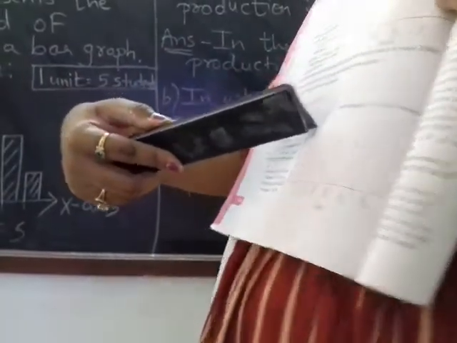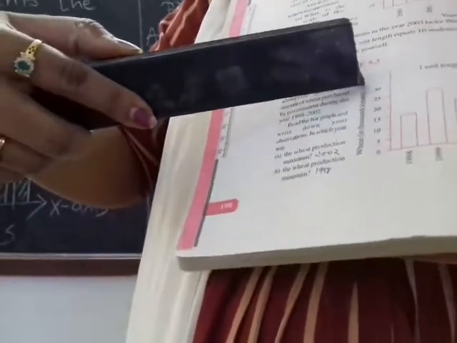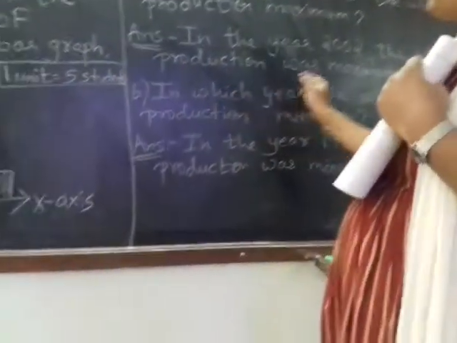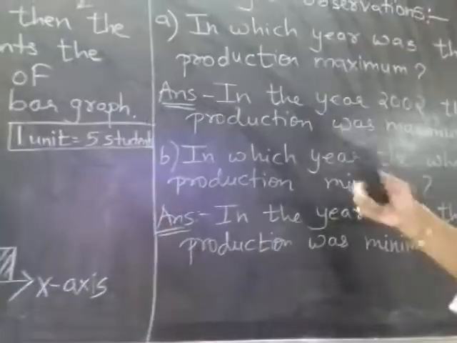It is about the year 2002. The maximum wheat production, you can find, is 30,000 tons, right? That is the maximum wheat production. So our answer is, in the year 2002 the wheat production was maximum, because the longest rectangular bar you can see is in the year 2002, that is the highest wheat production.